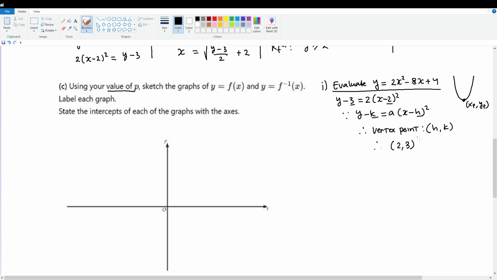Now we can go to the intercepts. Okay, now let's try to find the x-intercept. To find the x-intercept, you must put y equals 0 to find the value of x. But before doing that, you have to check the discriminant of this function first.